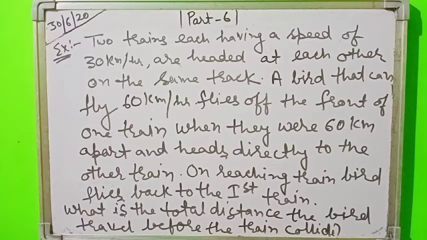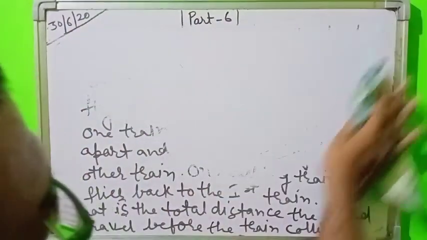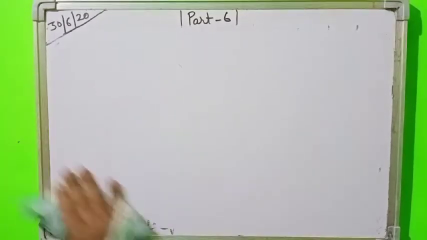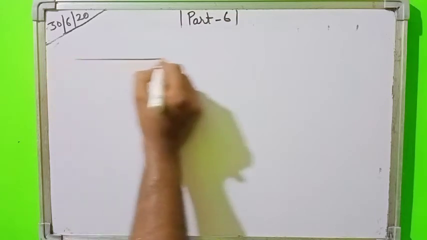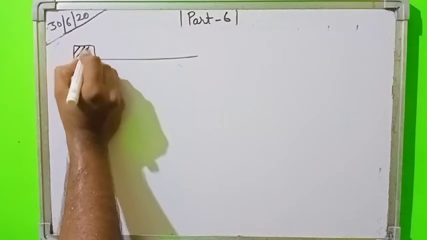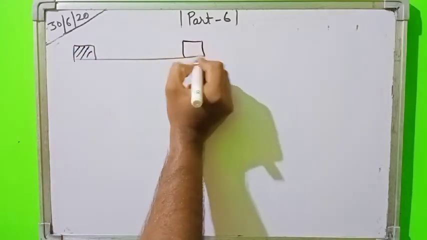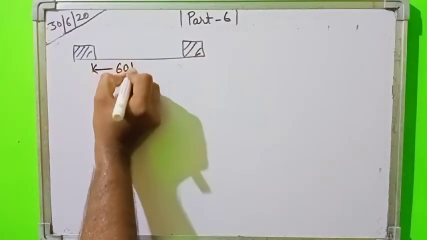So let's do the calculation. This is one train. The separation between them is 60 kilometer.